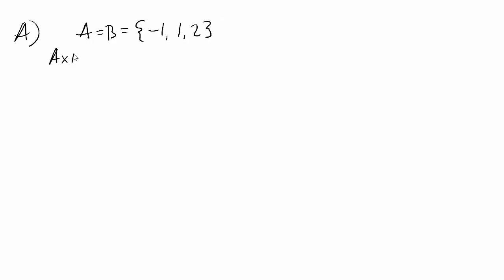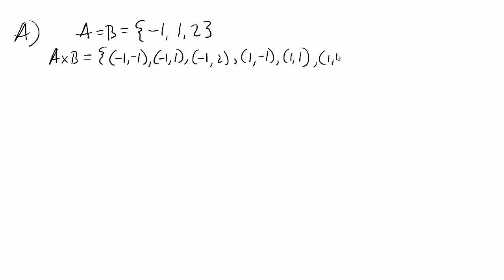So A cross B is going to be equal to these ordered pairs. -1, -1, -1, 1, -1, 2, 1, -1, 1, 1, 1, 2, 2, -1, 2, 1, and 2, 2.